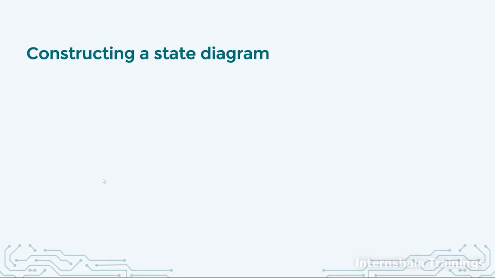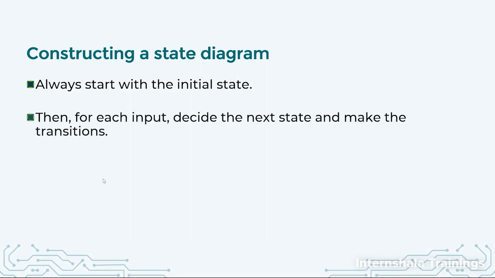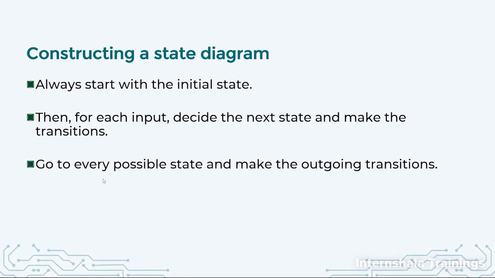So here we are going to construct a simple finite state machine using the state diagram. Whenever we are given this task, we first start with the initial state. Then we have to think about how many inputs there are. If I have n inputs, from every state n outgoing arrows should be there, and then we will decide what is going to be the next state for every input.